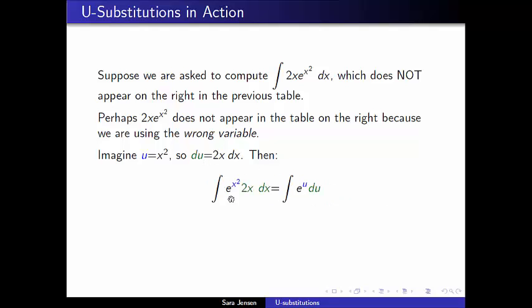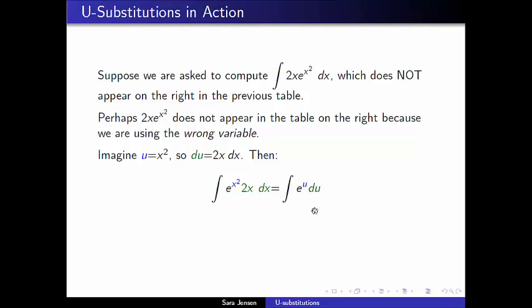So directly substituting x squared, the thing in blue, for u, and directly substituting 2x dx for du, this antiderivative that I'm being asked to find is equal to a different antiderivative with a different variable. It's asking me to find the antiderivative of e to the u du with this new variable u.